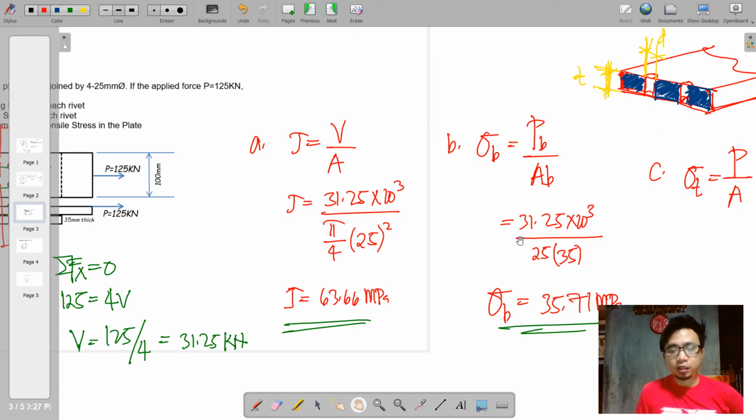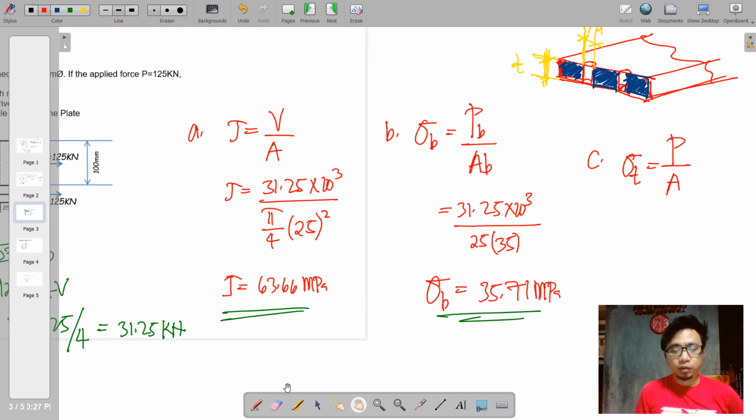It is not on the rivet. So our consideration is the force on the plate itself. And the force in the plate itself is 125 kilonewton. So we do not need to divide that, okay, because we are referring to the plate. So 125 times 10 cube all over the area.